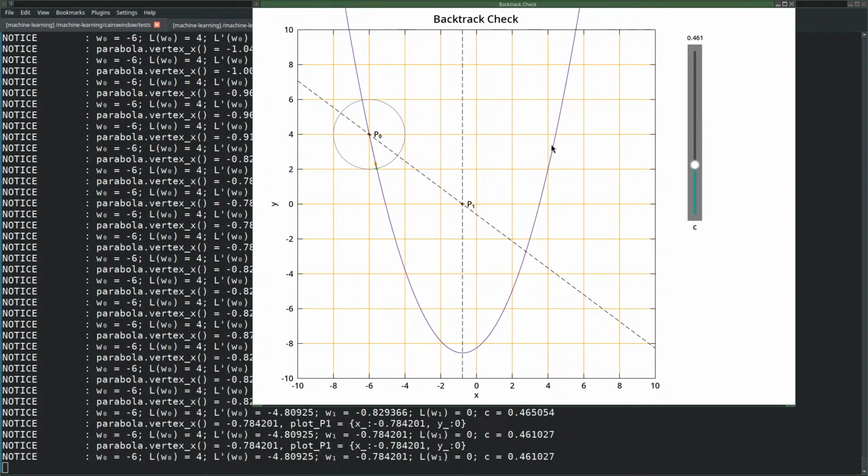So the idea is that we have a curve, don't know what it is, but it looks like this parabola. At the moment we are in P0.